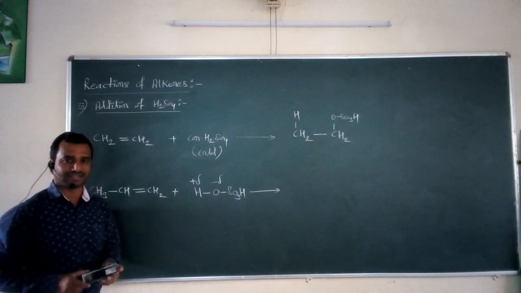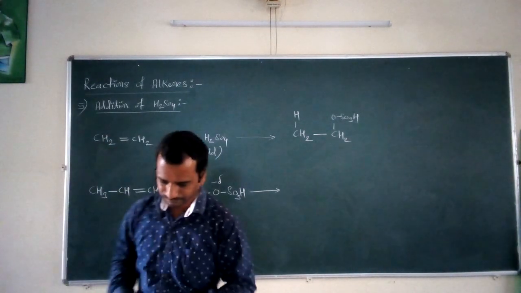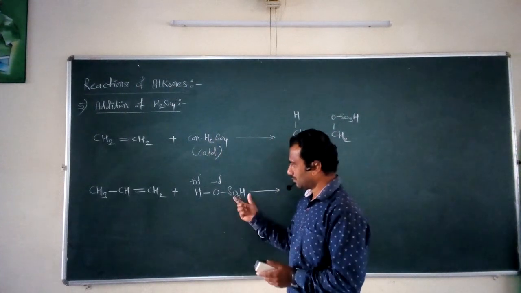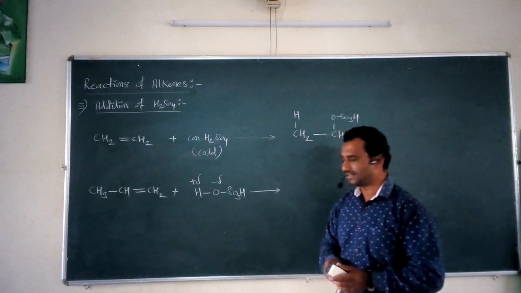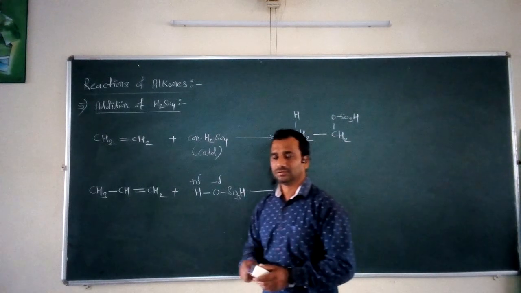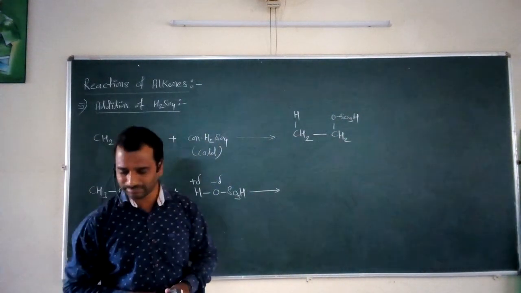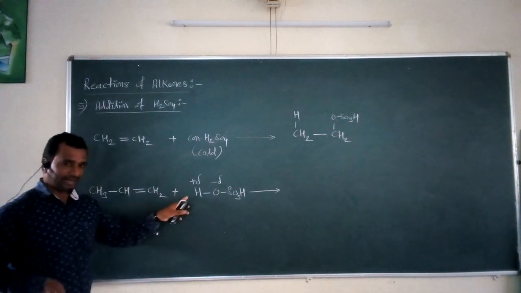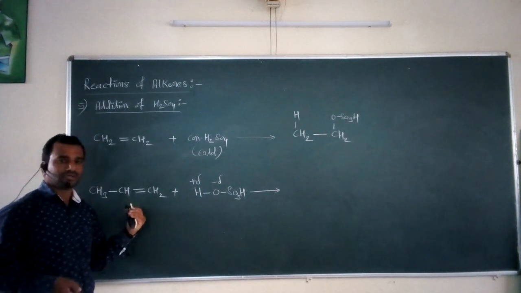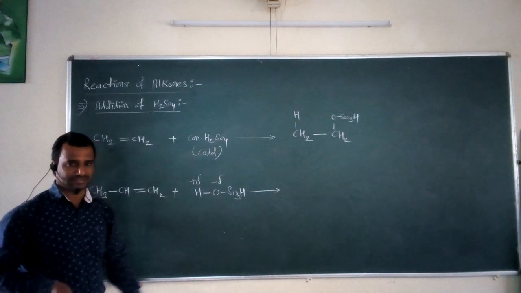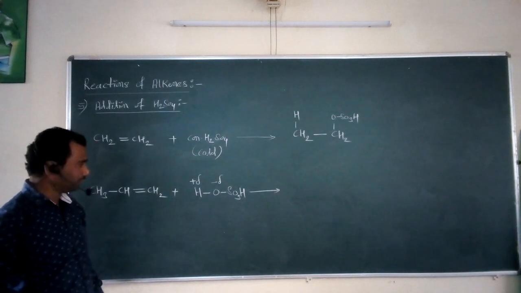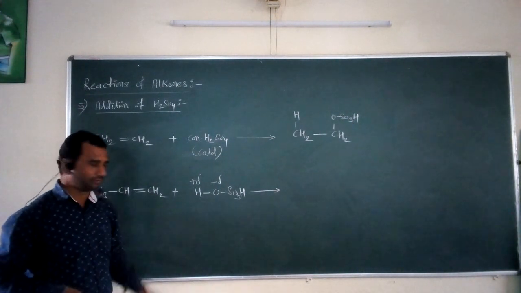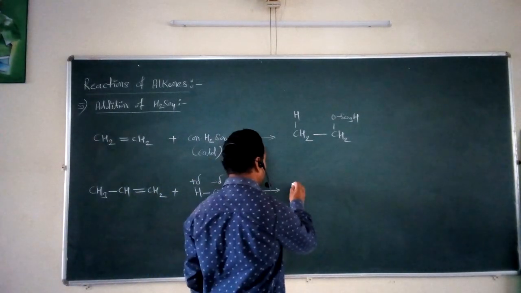Now we have to write the product given by this type of addition reaction. This is an unsymmetrical alkene now. So I have to write the product according to the rule called the Markovnikov rule. According to that rule, what is the product obtained in this case?